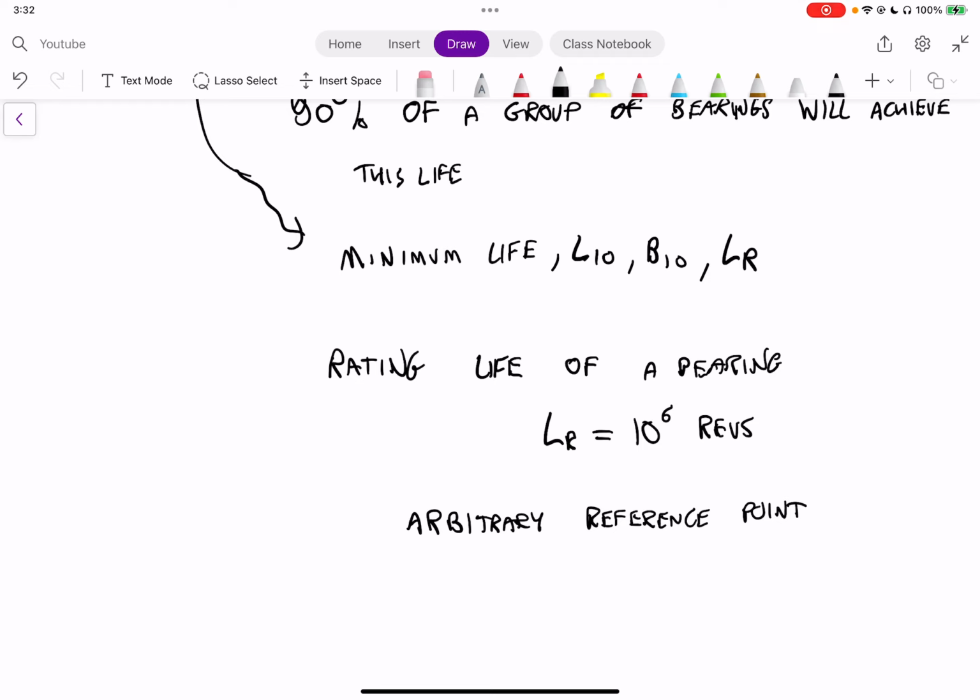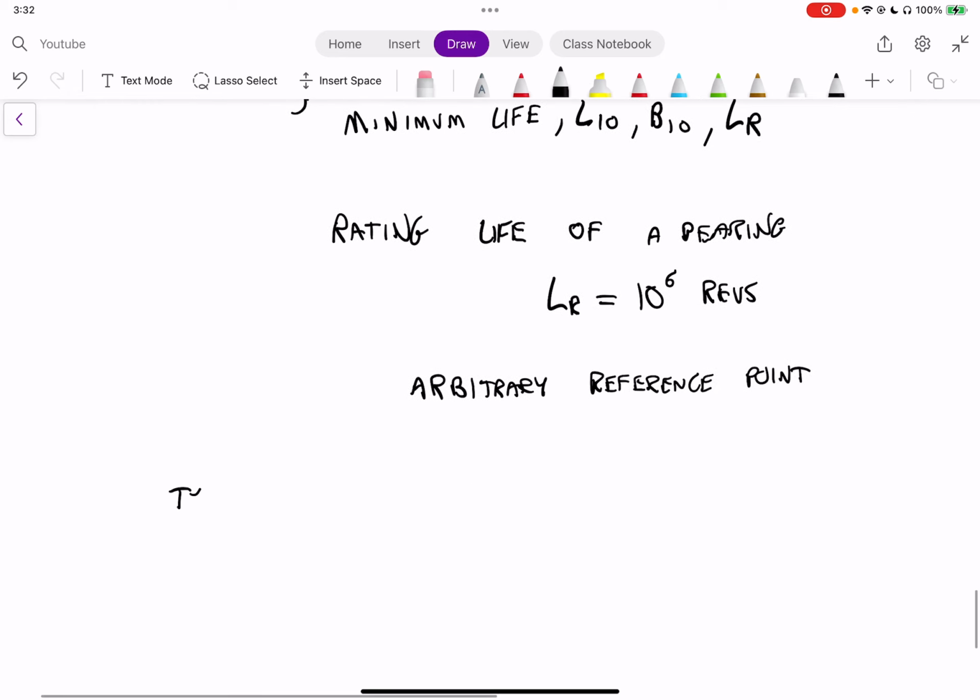Okay, so we're going to skip to something else now, and then we'll get back to this arbitrary reference point in a little bit, and hopefully it'll all make sense once we get there. Okay, so what we're going to do is we're going to talk about typical load life for bearings.